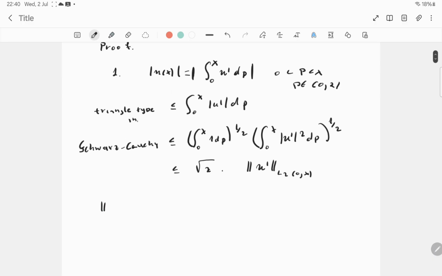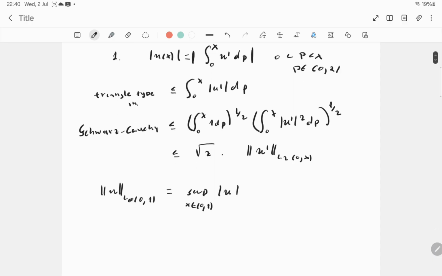Okay, so now let's take the supremum in 0, 1, so that is the supremum of the function u, where x belongs to the open interval 0, 1.